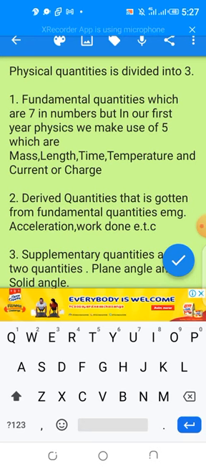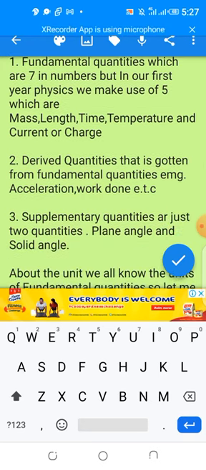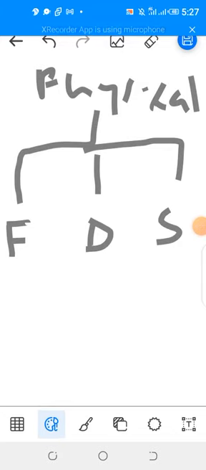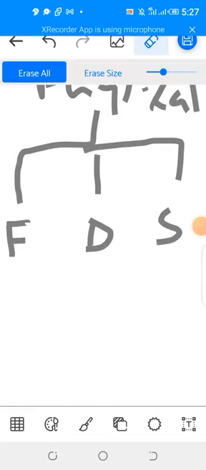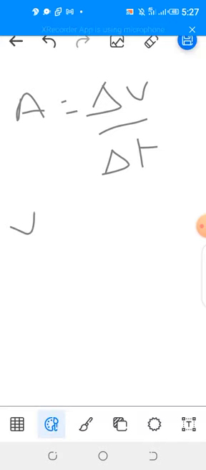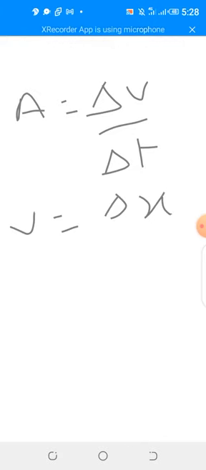Derived quantities are gotten from fundamental quantities, for example acceleration and work done. Acceleration, a, equals change in velocity over change in time, and velocity itself equals change in displacement, x, over change in time.